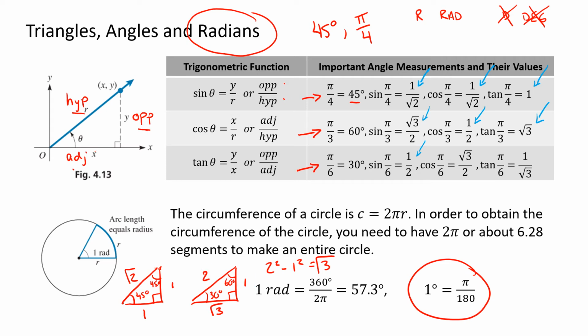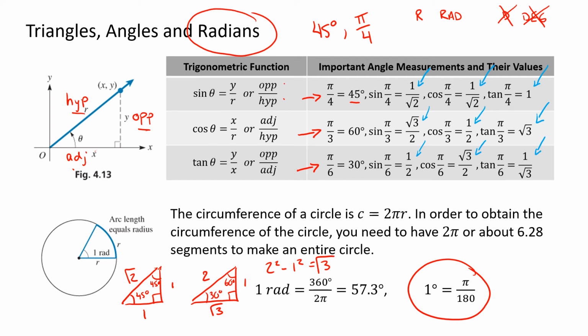Cosine is the adjacent side, which is root 3, divided by the hypotenuse, which is 2. So we're left with root 3 divided by 2. The tangent of pi by 6 is equal to the opposite side divided by the adjacent side, which is 1 divided by root 3, which is how we obtain our answer there.